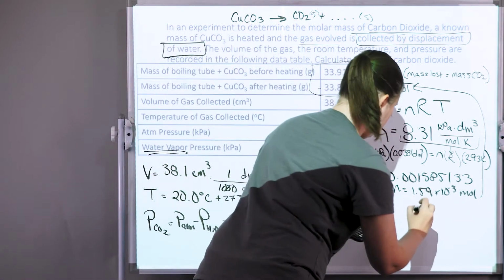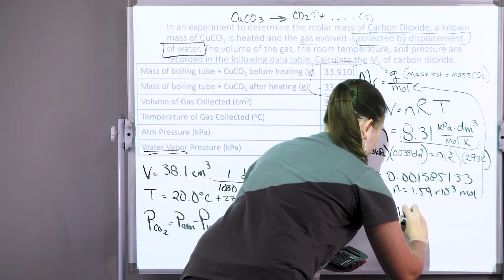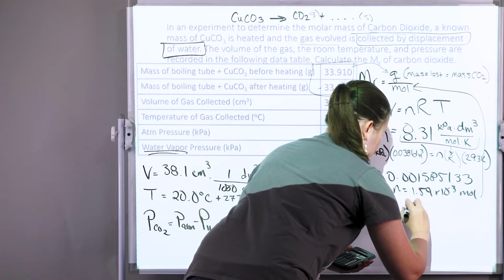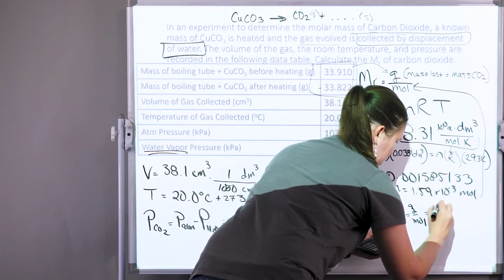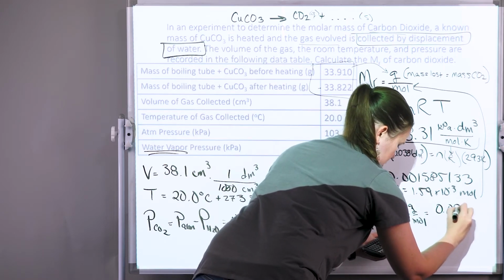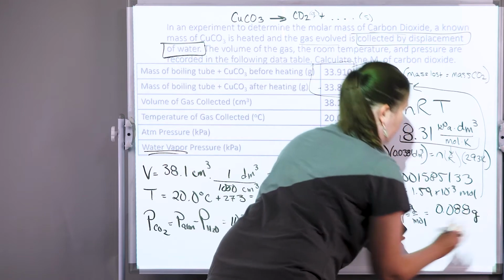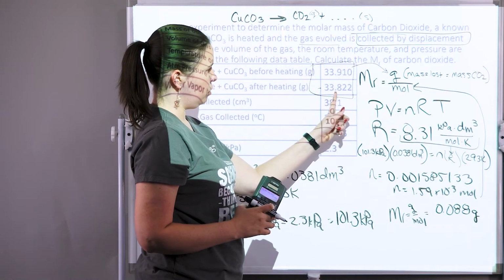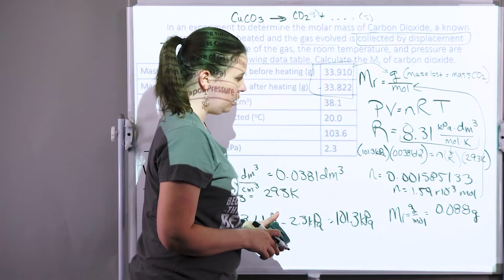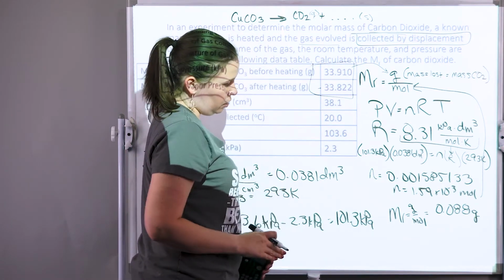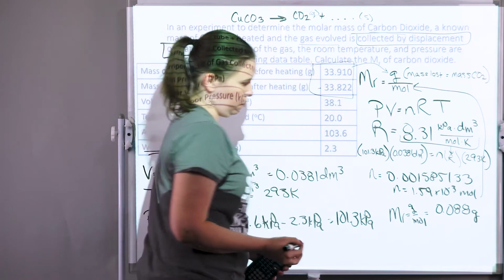And we get, to get MR as grams per mole, the grams on top are going to be 0.088 grams. Now, because we did subtraction, we're going to go with decimal places. So the 3 decimal places is our cutoff, exactly what it gave us. And that's going to now limit my relative atomic mass to 2 significant figures.